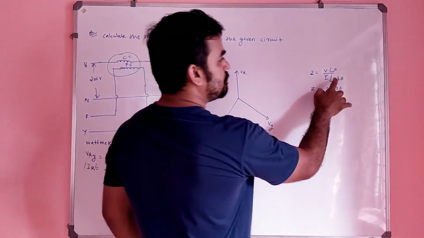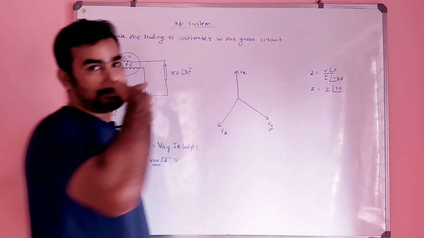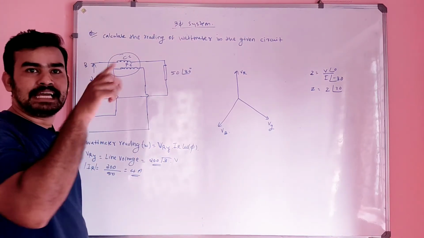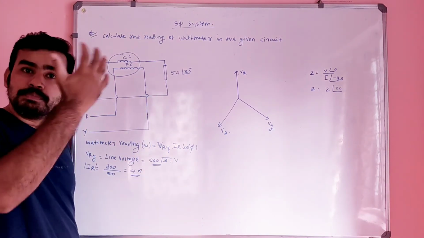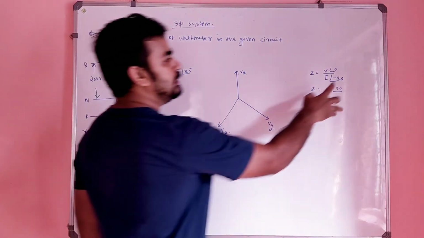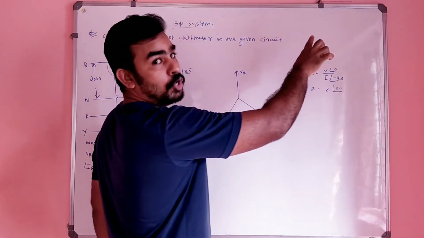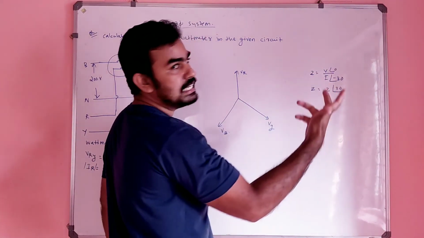Because this minus 30 will go to the top side. Whenever you have R angle theta in division form, the angle should be subtracted. So the denominator minus 30 will go top side, then only it will be plus 30.